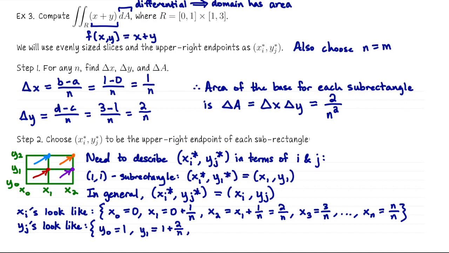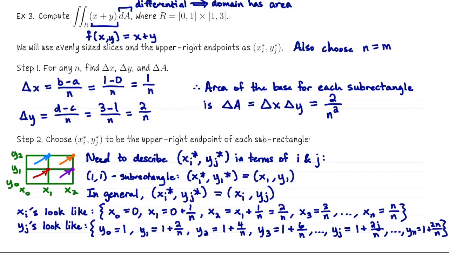Then the second step would arrive at 1 plus 2 over n plus 2 over n, so 1 plus 4 over n. y sub 3 would be 1 plus 4 over n plus another step, so 1 plus 4 over n plus 2 over n means we arrive at y3 equals 1 plus 6 over n. So the jth one would be 1 plus 2j over n. And let's see if the last one matches up. 1 plus 2n over n is 1 plus 2, which is 3, which is indeed the highest point for y.